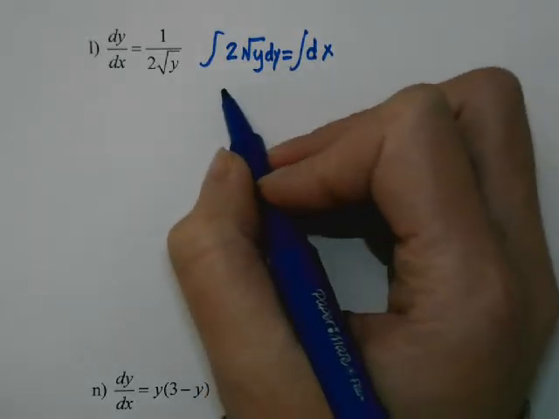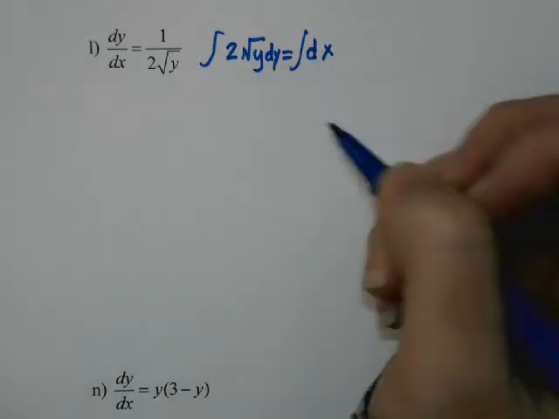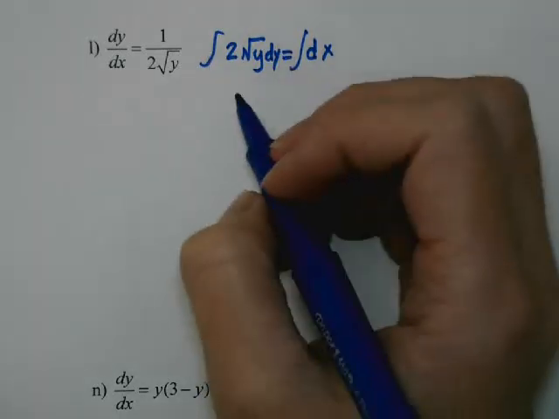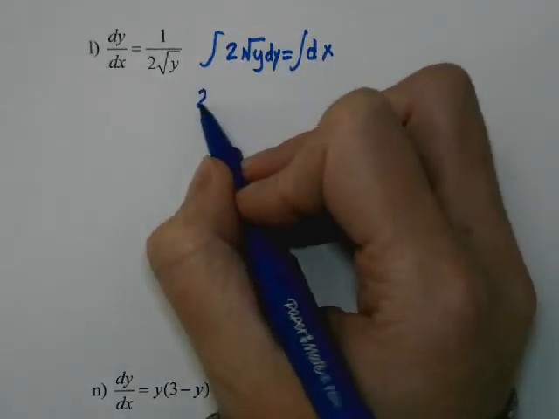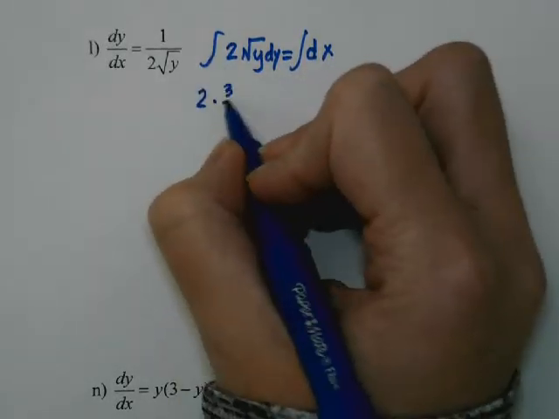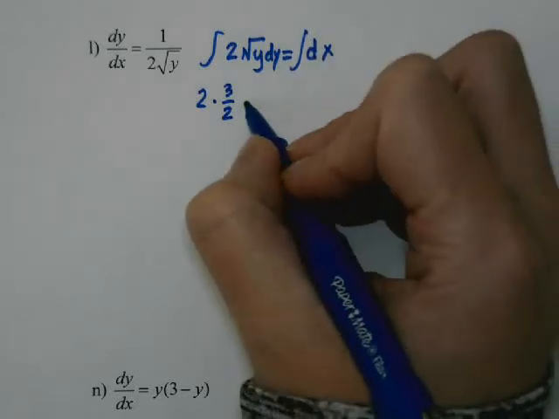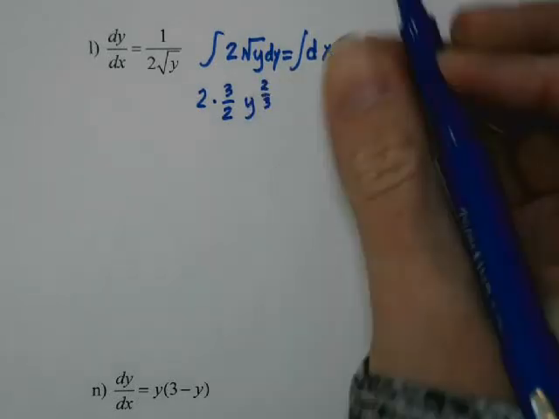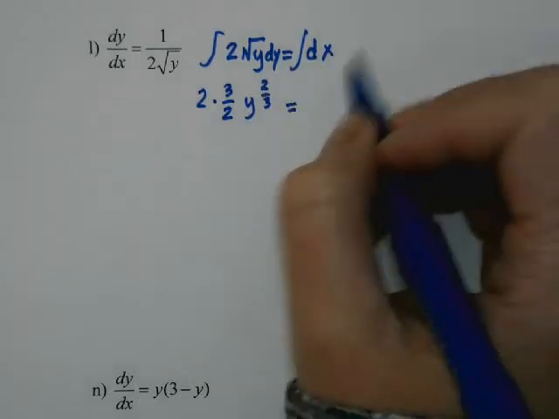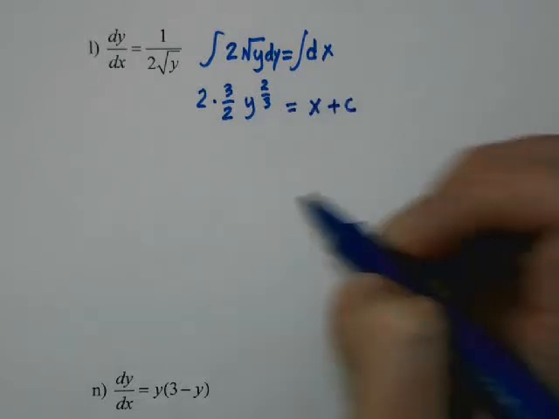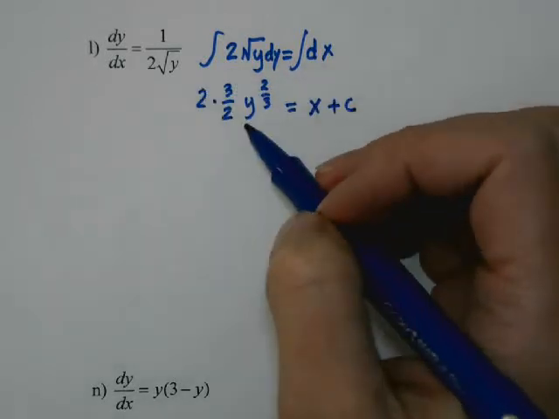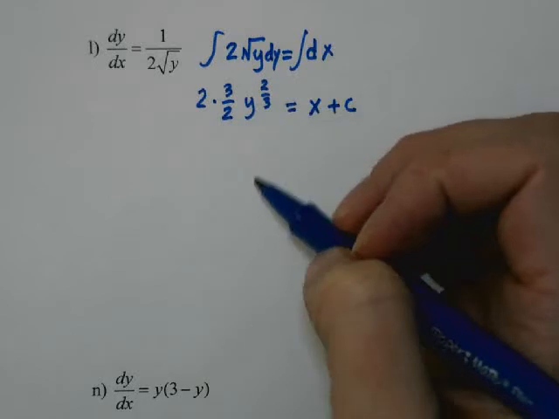So this is going to be 2 times 3 halves y to the 2/3 equals x plus c. So this would be 3/4.